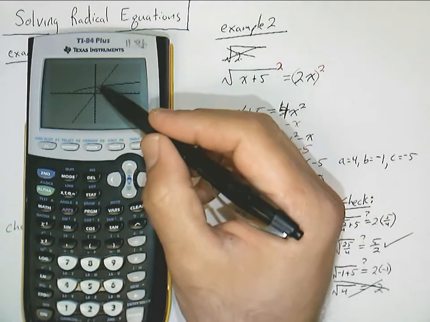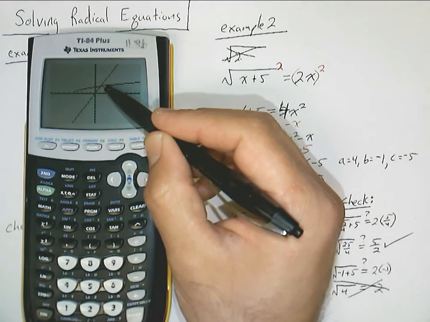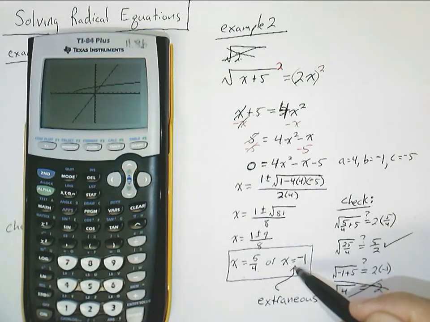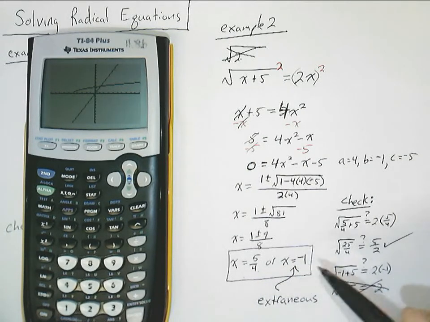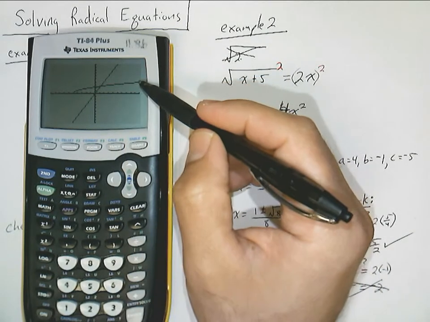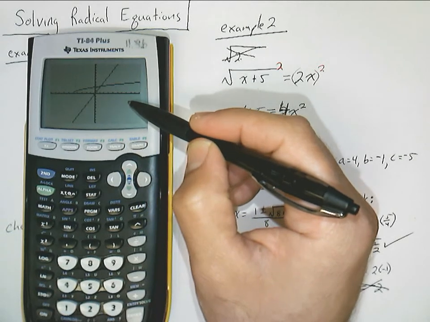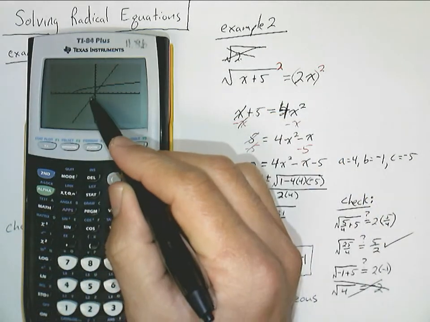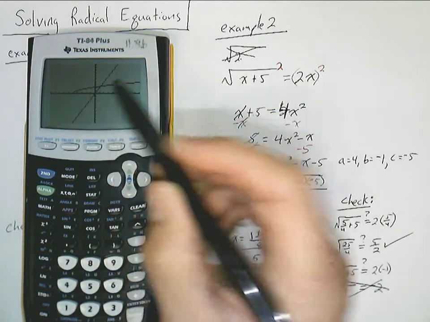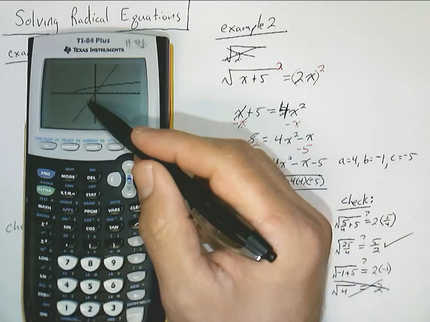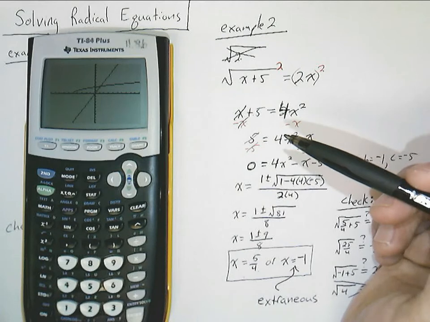And notice here is one solution, the intersection of these two. That's the 5/4. This solution of x equals negative 1, well, that would occur if this sideways parabola continued on around on the bottom side. We would have another intersection point when x equals negative 1. But since we were restricting ourselves to just the positive square roots, we don't actually have another intersection point down here.